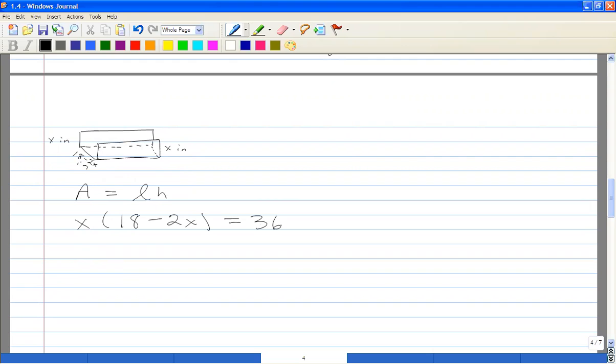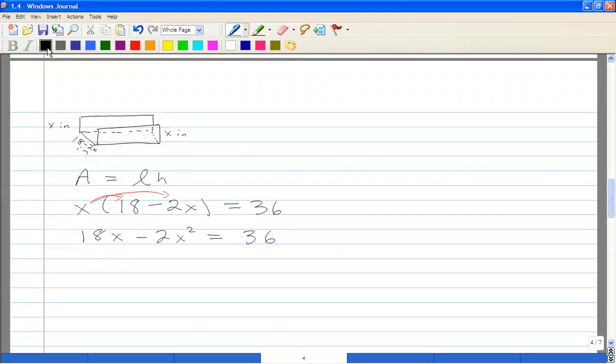Let me multiply the x inside the parentheses: 18x minus 2x squared equals 36.